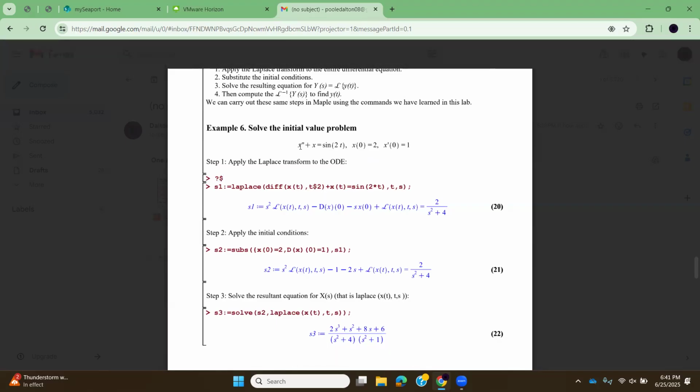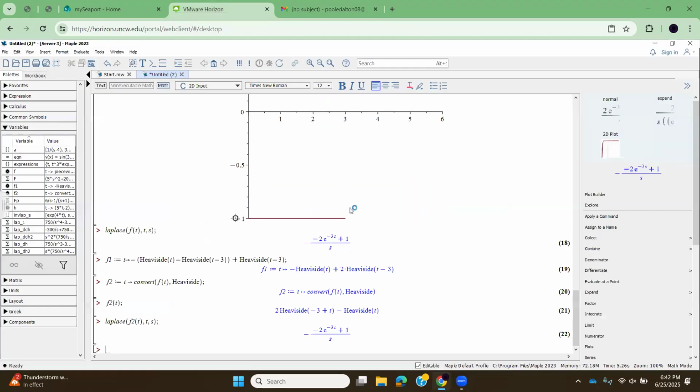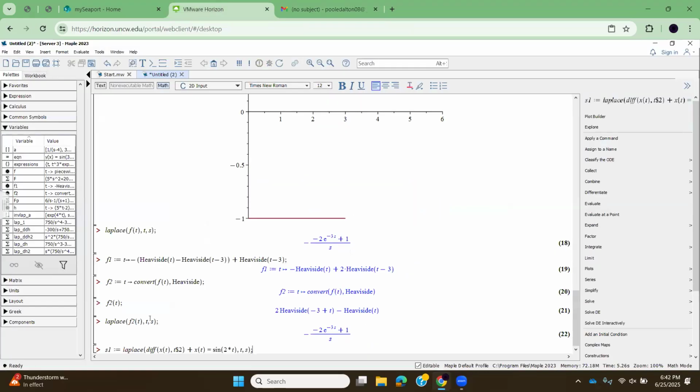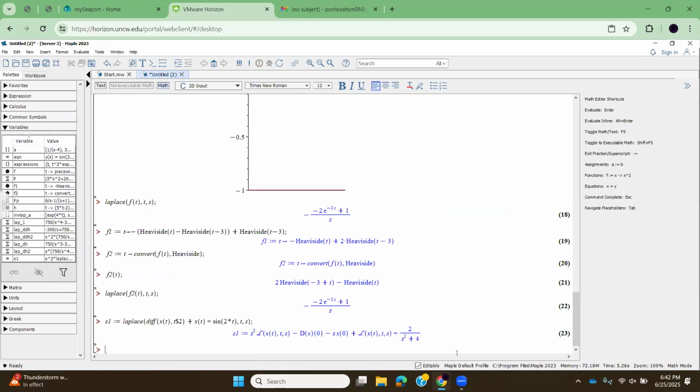Because we have x double prime plus x equals sine, and it looks like this code is saying we have our differential equation x of t, where x has two time derivatives. So that's what that is, I'm assuming. However, if you want to check that, do it, but that's what the syntax is looking like, in my opinion. Okay, so there's that.